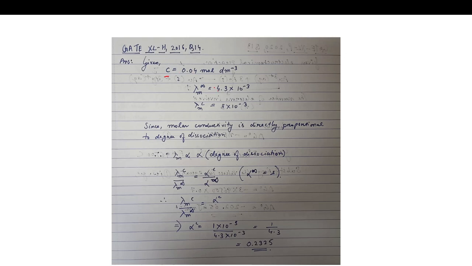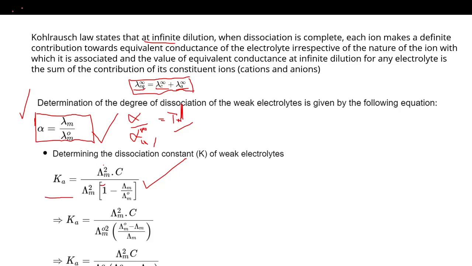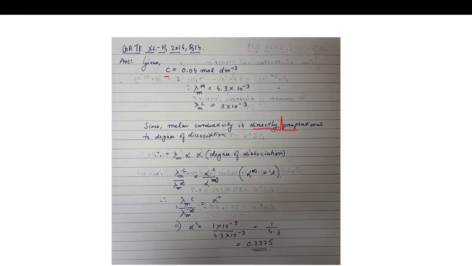At infinite dilution the molar conductivity is 4.3 into 10 to the power minus 3, and at concentration C it is 1 into 10 to the power minus 3. Since molar conductivity is directly proportional to the degree of dissociation, alpha, which has been asked in your question, it is directly proportional to the molar conductivity at infinite dilution.